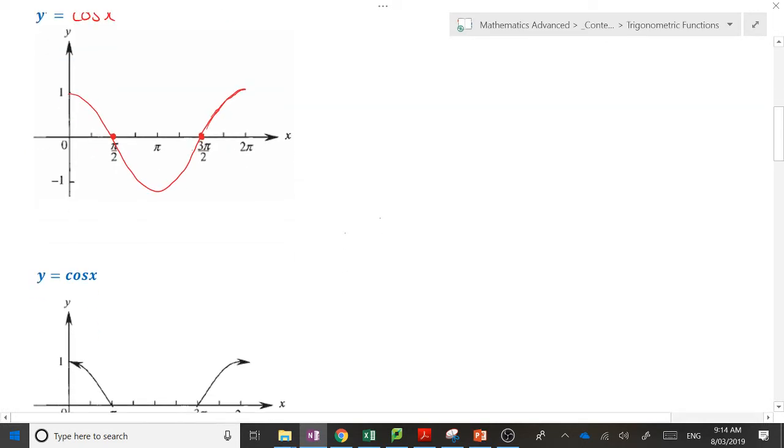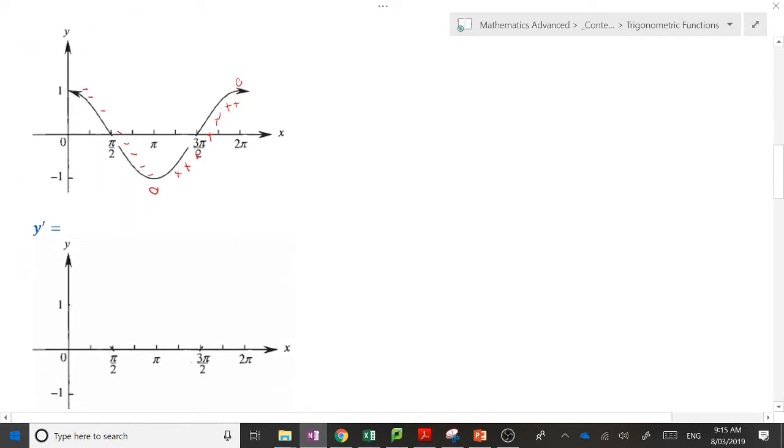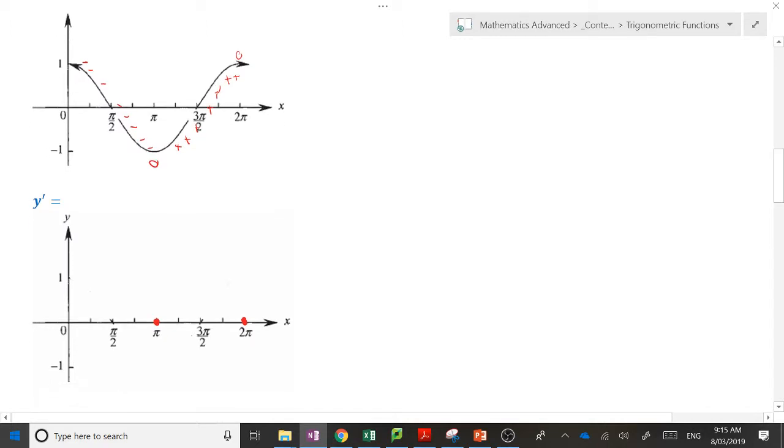But anyway, if we have cos x, what's the gradient here? Negative, negative, 0. So at pi, we're crossing 0. At 2 pi, we're crossing 0.